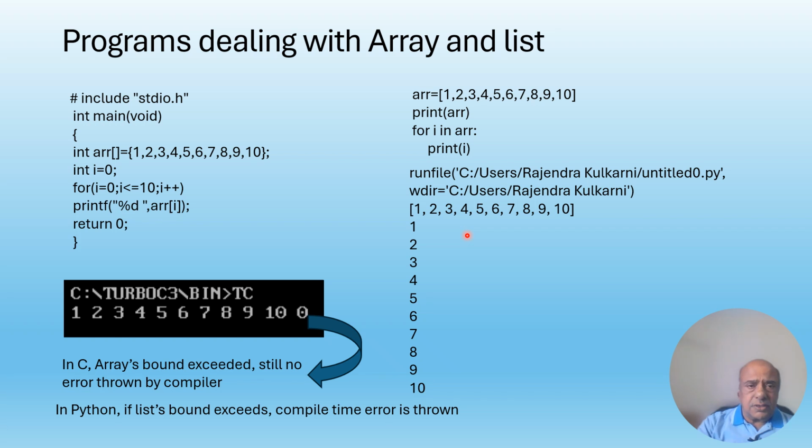So this is a difference between array and list in C and Python. These are only functional differences. There are so many differences that we need not know those differences. What we should know is how list works in Python and how array works in C.